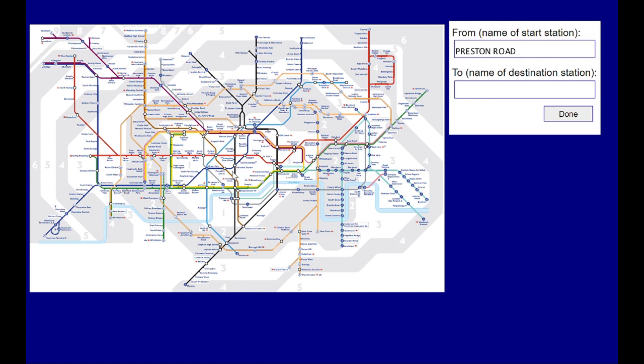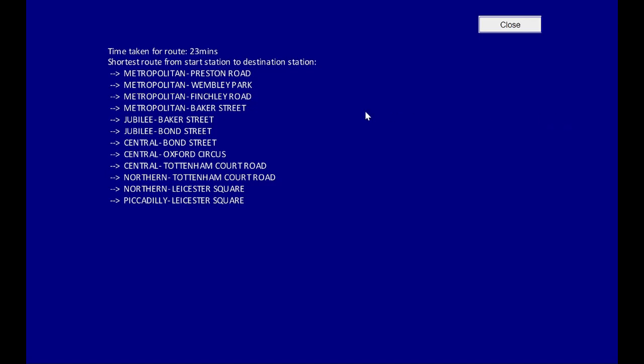So this is Leicester Square, and it has Piccadilly and the Northern Line to it. So we're going to go to Leicester Square, making sure that the spelling is correct. Okay, so we've got multiple lines, and it takes 23 minutes, which is good.